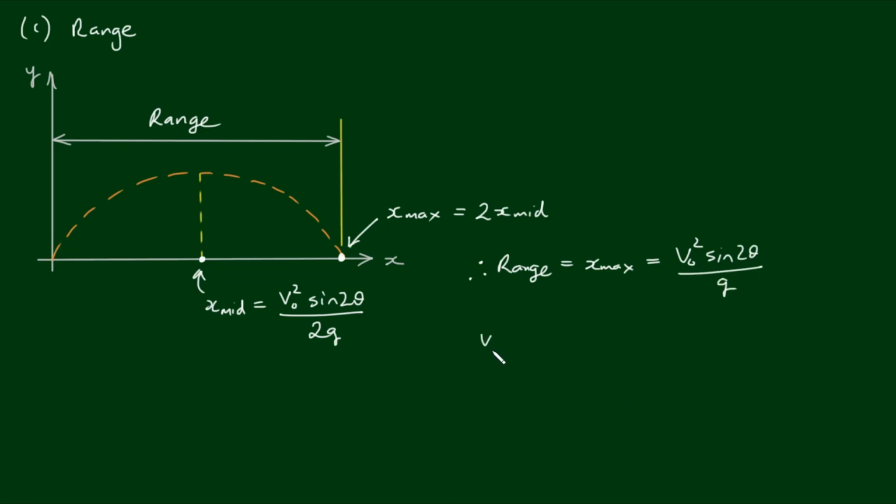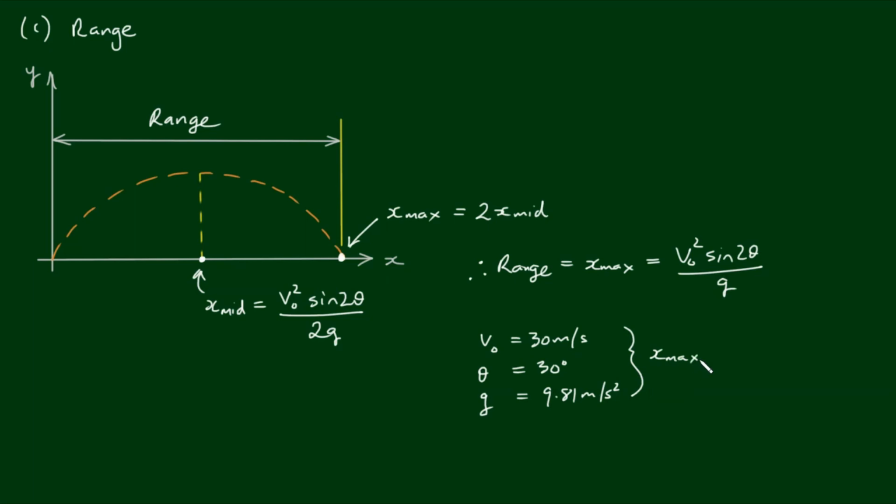So for our particular problem, we've got v0 equals 30 meters per second, the launch angle theta equals 30 degrees, g being equal to 9.81 meters per second squared.